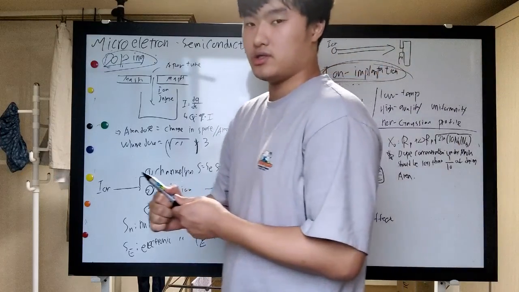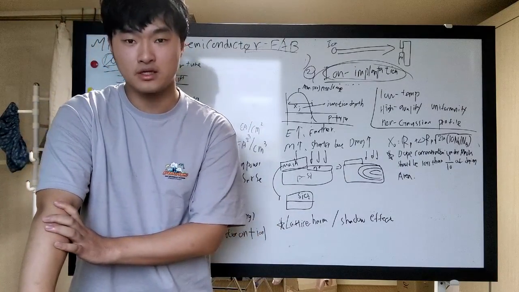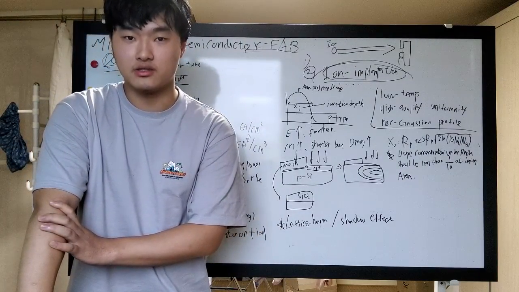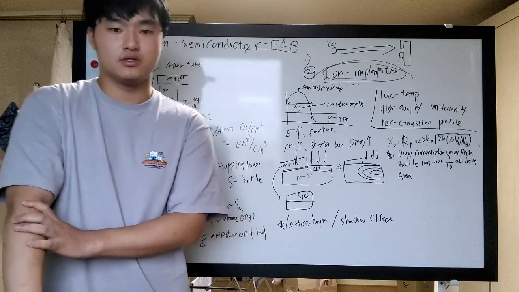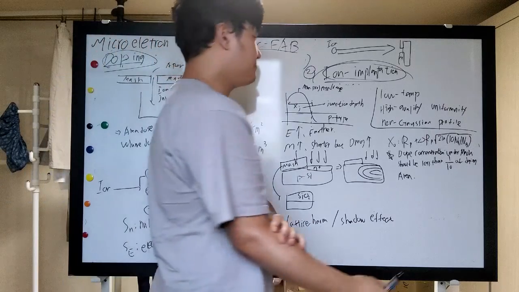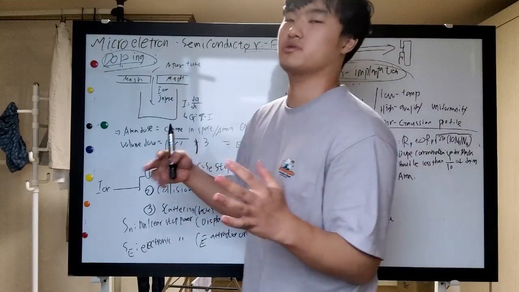So ion implantation is somewhat similar to etching, a process related to ions. Simply, it is like ion milling, somewhat similar but somewhat different.